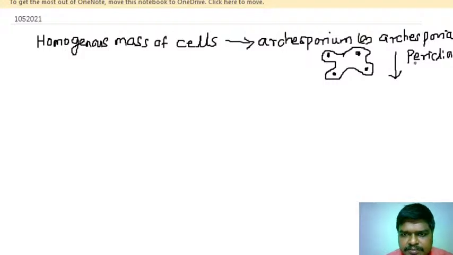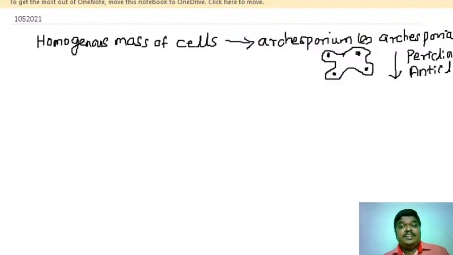So these archisporial cells undergo several divisions.